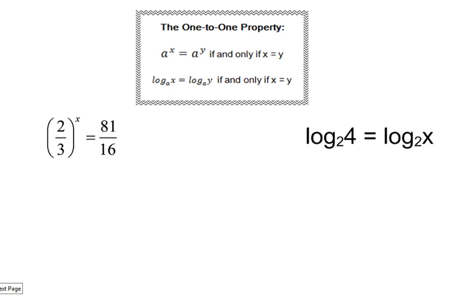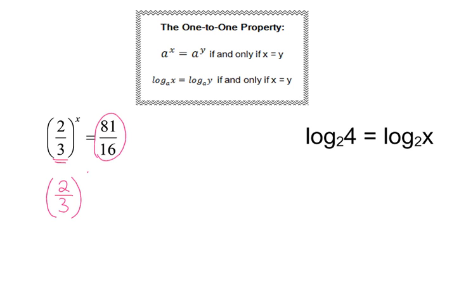All right, let's take it up a notch. 2/3 to the x equals 81 over 16. So we want to rewrite this term in terms of my base 2/3, so I can drop those like bases and set the exponents equal to each other.